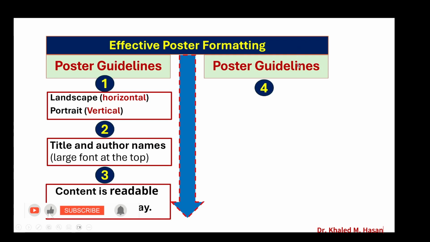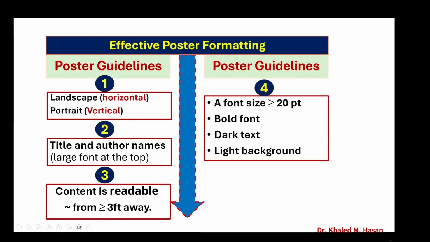Okay, continuing with the poster guidelines, as you can see here, font size should be 20 or above. We recommend 22, 24, or 26. Try to use bold font, especially for the heading and subheading at least. We recommend bold font in the body text also.